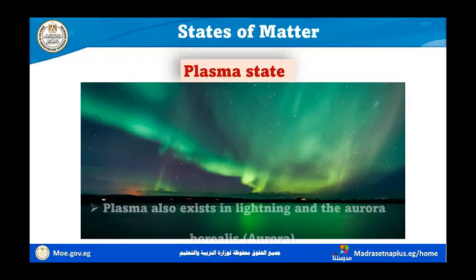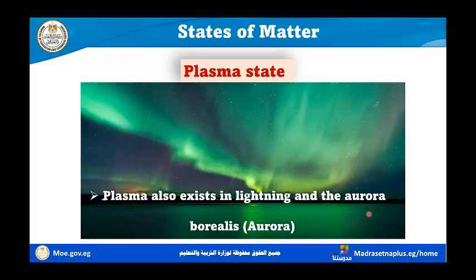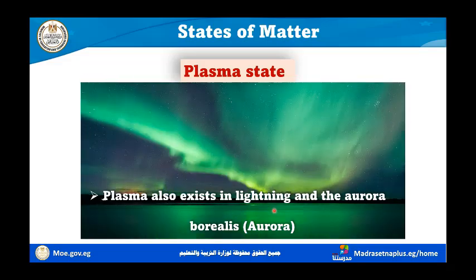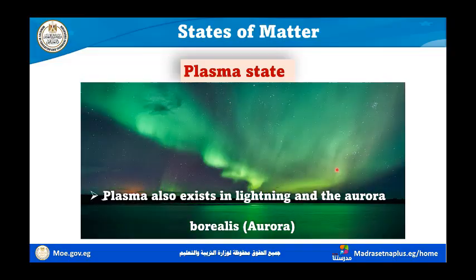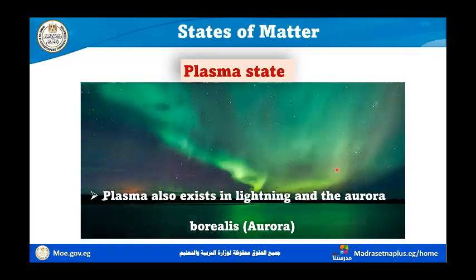This is how we can observe the aurora, and the plasma state also exists in lightning. So this is how the aurora appears at the poles, which is a wonderful phenomenon. We can observe it at the poles of the earth, the North Pole and the South Pole.